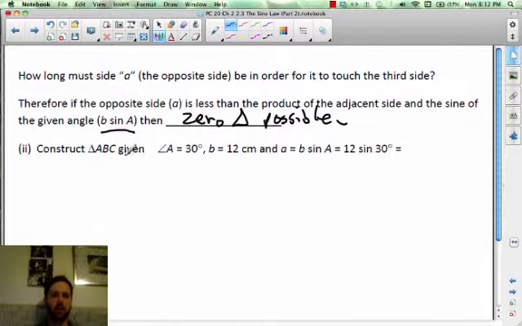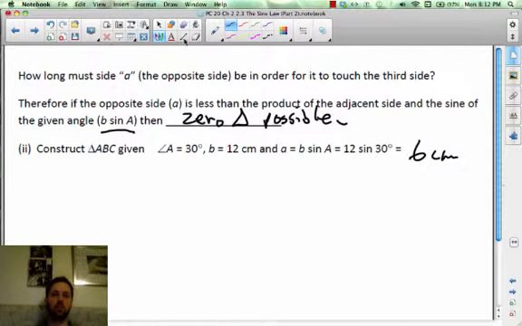Okay, so let's take a look at this triangle. Construct triangle ABC, given A equals 30 degrees and b is 12, and a equals b sine A, which equals 12 sine 30, which we just calculated, is 6 centimeters.